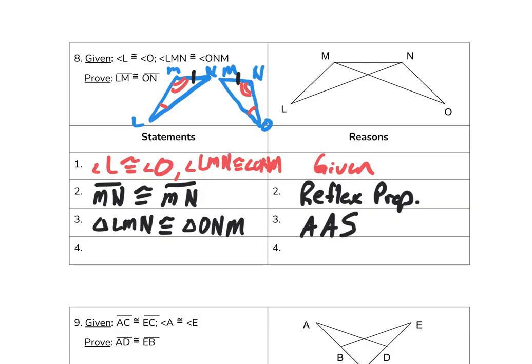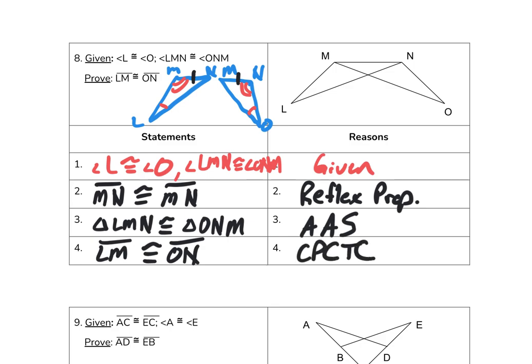Okay, so finally, we're not done yet because we're trying to prove that LM and ON are congruent. And once we've identified that the two triangles are congruent, then the two sides are congruent because of? Okay, and that's why the triangles are congruent. And then we're going to use the new theorem that we talked about today.